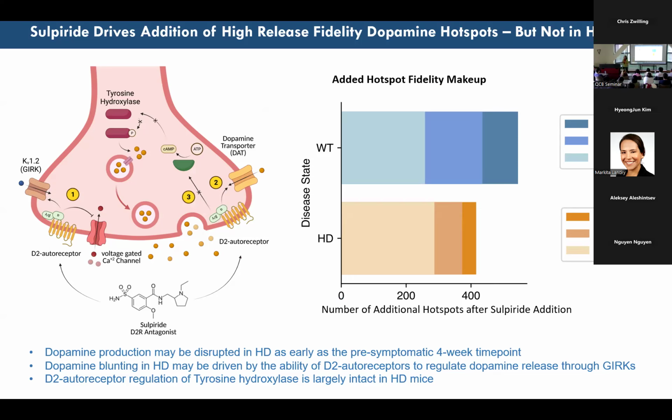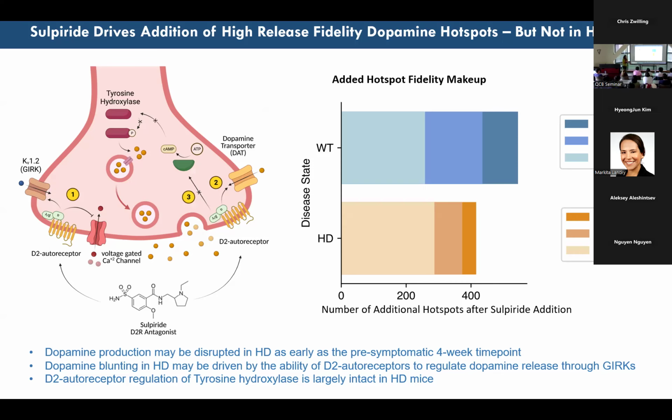So we look at the entire field of view and we track the same release site over multiple stimulations. If it's a high fidelity release site, we consider that a release site that releases 3 times in a row. If we stimulate 3 times but only get release twice, that's a medium fidelity release site. And if we stimulate 3 times but only see release once, that's a low fidelity release site.